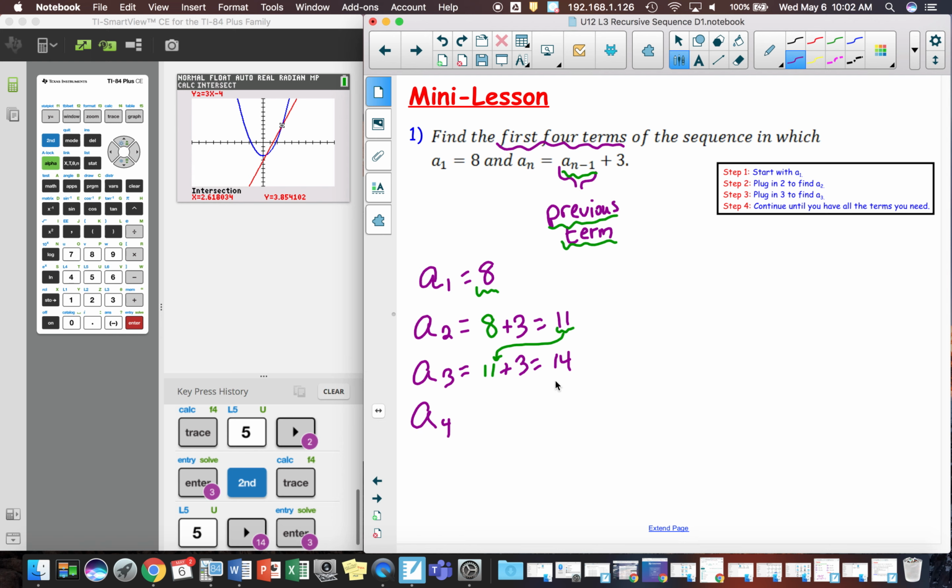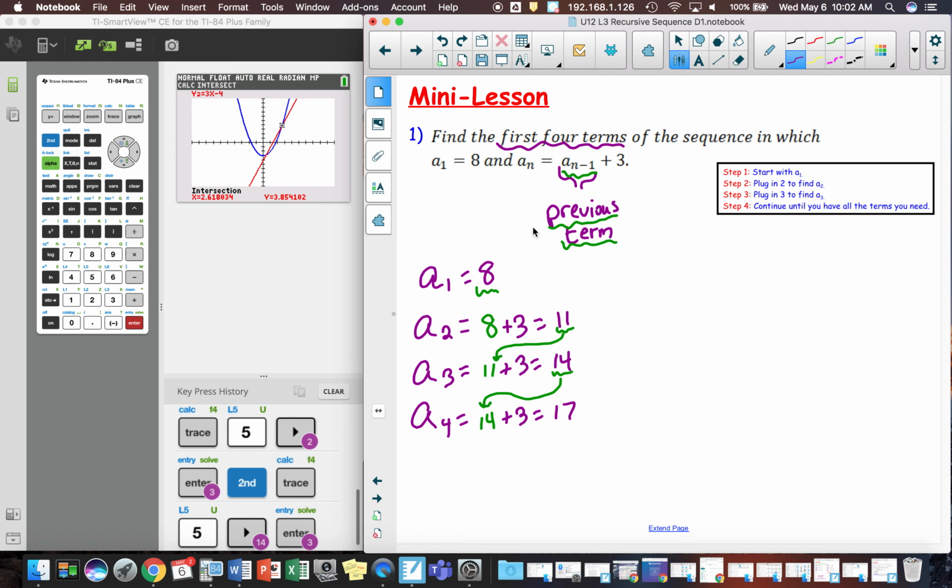And we got to do this one more time. So again, I take my previous term. So to find a sub 4, I need to take my previous term, which was 14. I'm going to draw an arrow that's going to go right here. So 14, and then add 3. Plus 3. 14 plus 3 is 17.